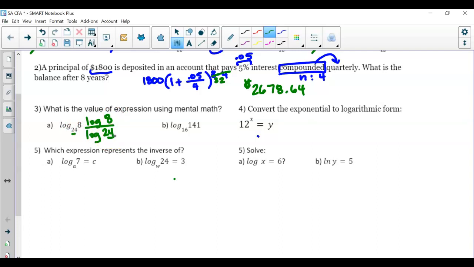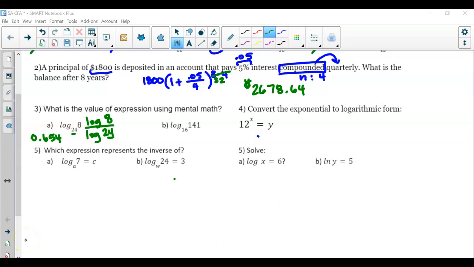So in my calculator, we have log of 8, then divide that by the log of 24. You end up with approximately 0.654.